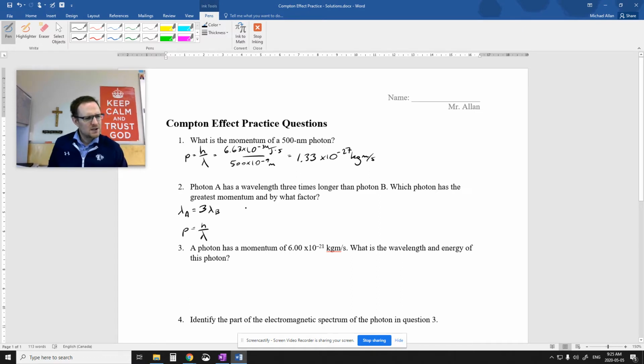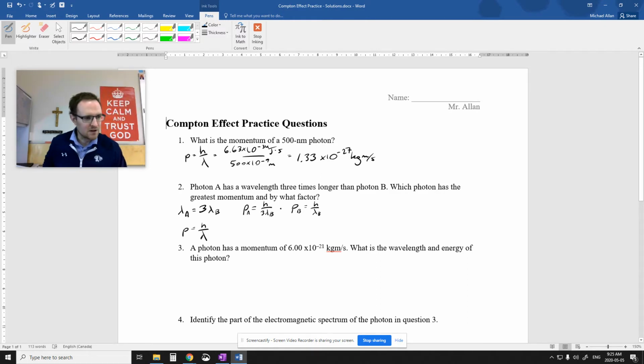So I'm just going to do this. Photon A's momentum is h over 3 lambda B, okay? And then photon B's momentum is just going to be h over lambda B, which makes sense, because that's just B himself.